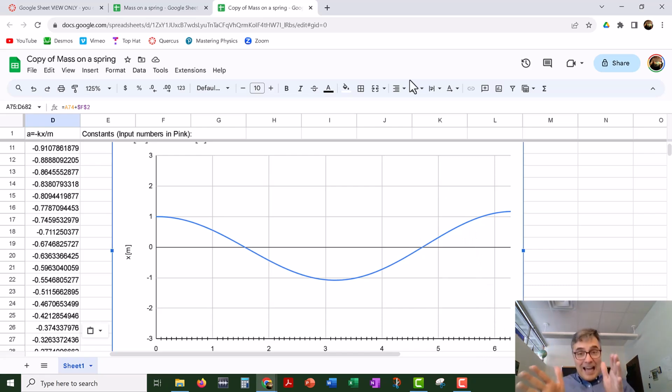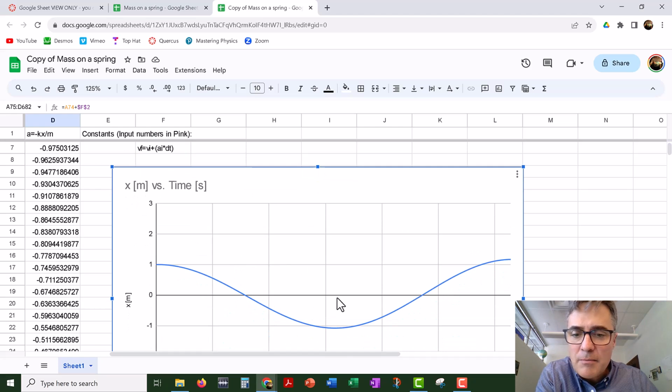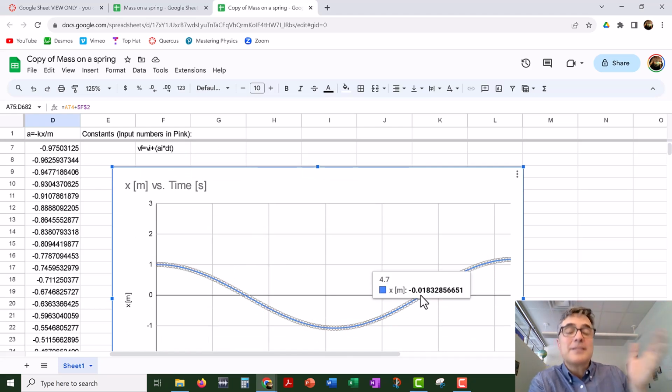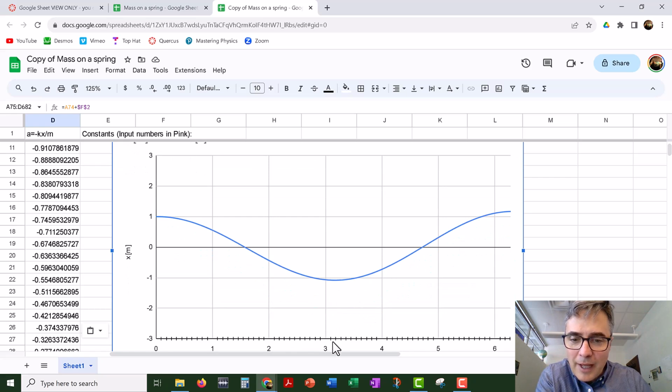So this looks like a cosine curve, not quite a cosine curve. I think my time step might be a little too big, so it's not a very good numerical integration. But naturally, if you put a mass on a spring, it's going to have a cosine. It's kind of interesting because even at pi seconds for this mass and the spring constant, it's at its maximum. It takes 2 pi seconds to go right around.